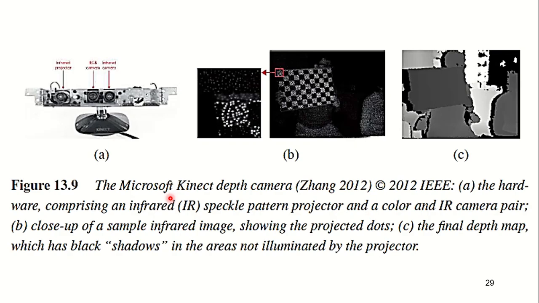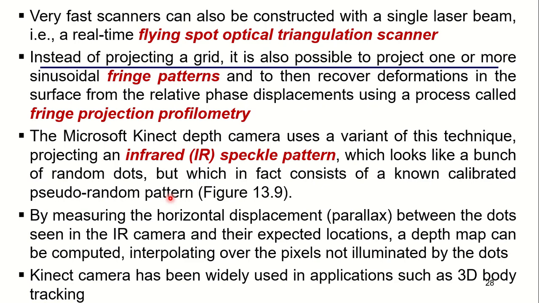And this is shown in the next picture. By measuring the horizontal displacement, called the parallax, between the dots seen in the IR camera and their expected locations, a depth map can be computed, interpolating over the pixels not illuminated by the dots.